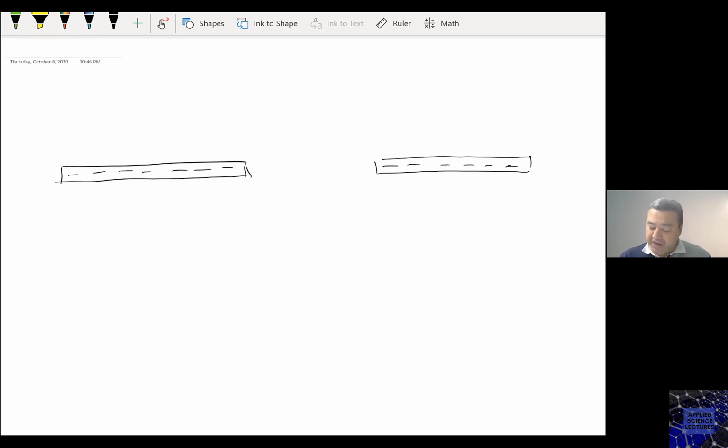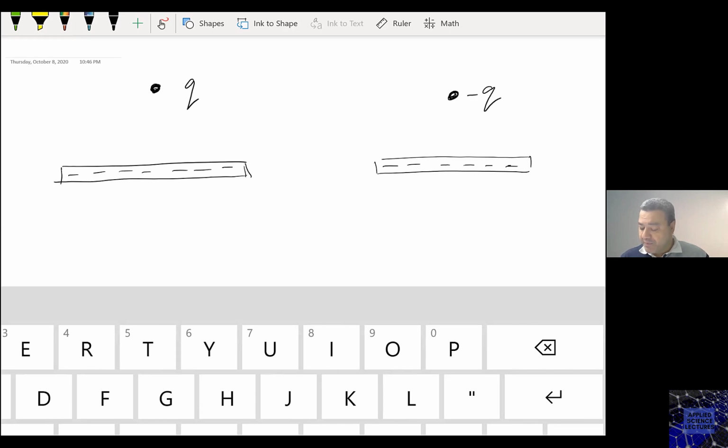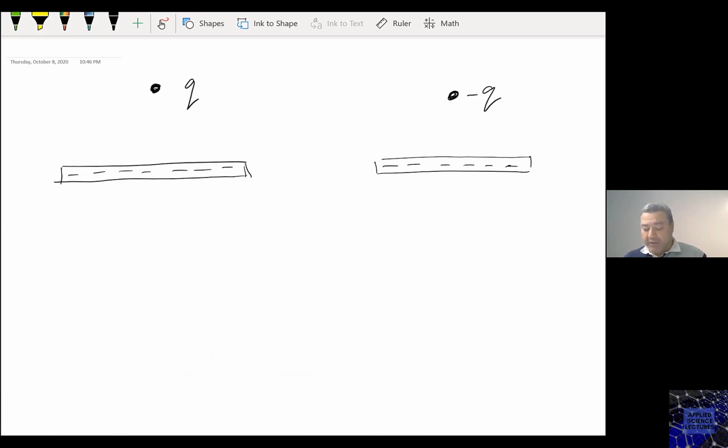And then the first case is I have a positive charge Q and a negative charge minus Q. So how do we apply this expression, U equals QEY? Well, we know that Q is the charge, and this can be positive or negative.